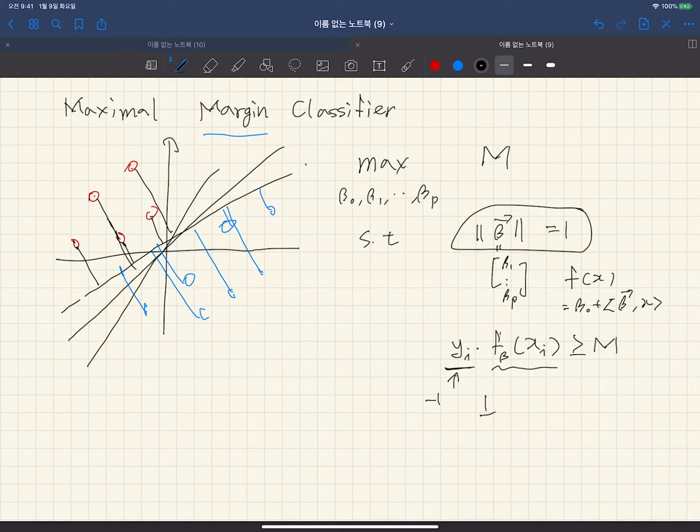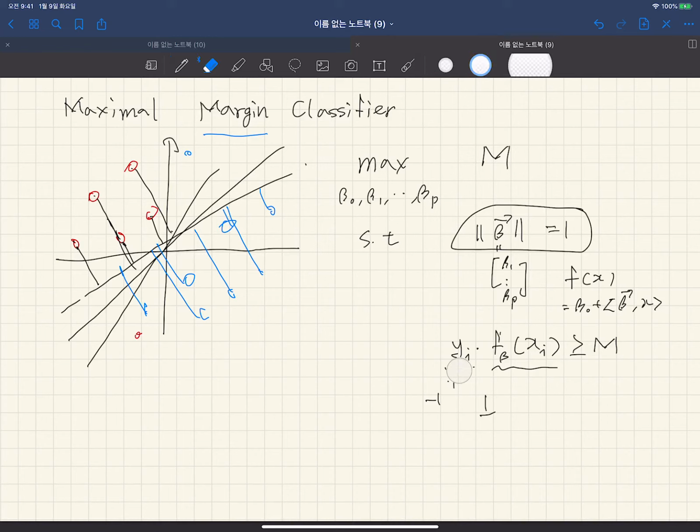If the sign of y_i and the sign of f_beta are different, which means either your red point belongs to the opposite side or your blue point belongs to the opposite side, which is not good at all. We don't want this situation. So we want to make sure the product of y_i and f_beta(x_i) is always positive.